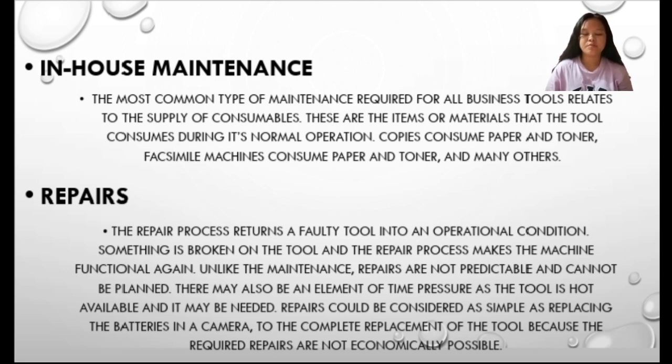There may also be an element of time pressure, as the tool is not available and it may be needed. Repairs could be as simple as replacing the batteries in a camera or the complete replacement of the tool, because the required repairs are not economically feasible.